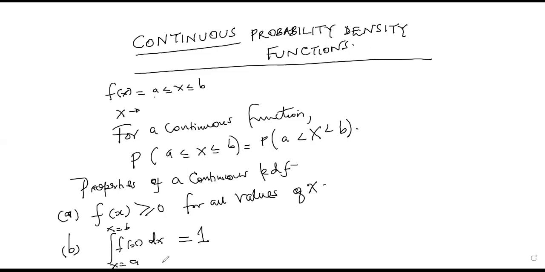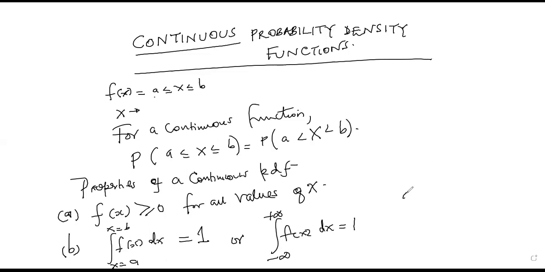We shall see how we apply this. Or the integral from negative infinity to positive infinity of f of x dx is equal to 1, meaning the summation of probabilities at different intervals should be equal to 1. We shall see that.